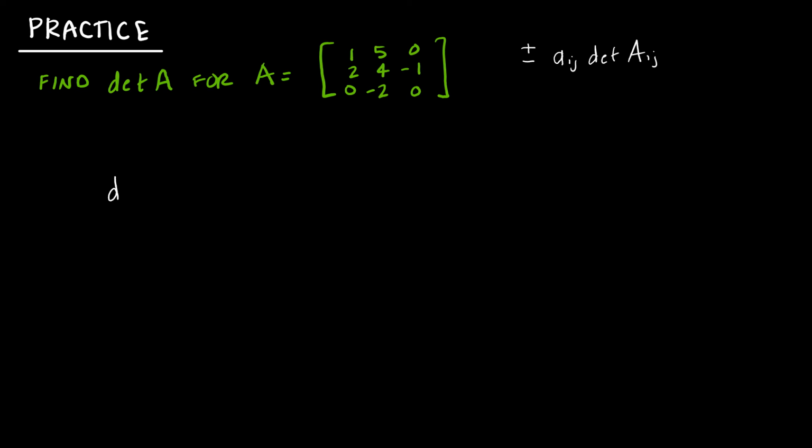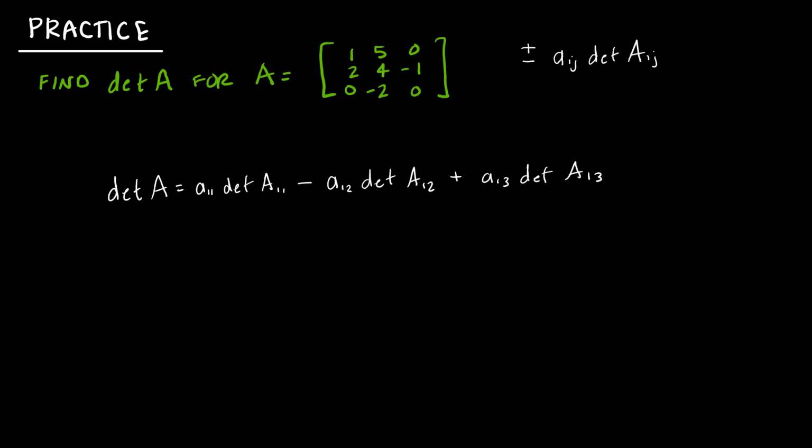What I would do to find the determinant of A would be to take A11 and then determinant of A11, minus A12 determinant A12, and then plus A13 determinant A13.